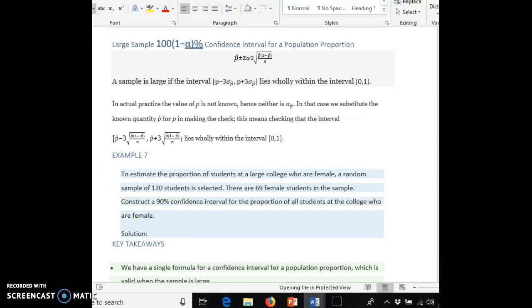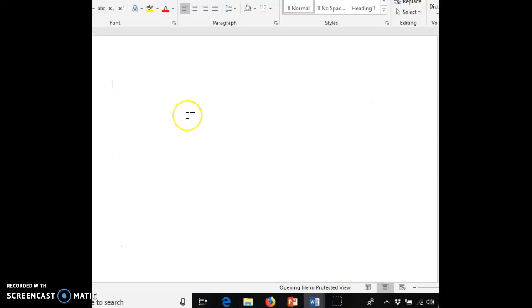Let's start with our 90% confidence and get our z of alpha over 2. So exactly as we've done before, we're going to do 1 minus 0.9, which gives us 0.10. And then we want to take that and divide it by 2. So 0.1 divided by 2 is 0.05.